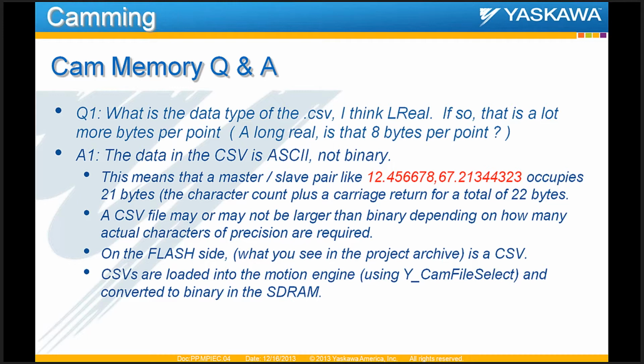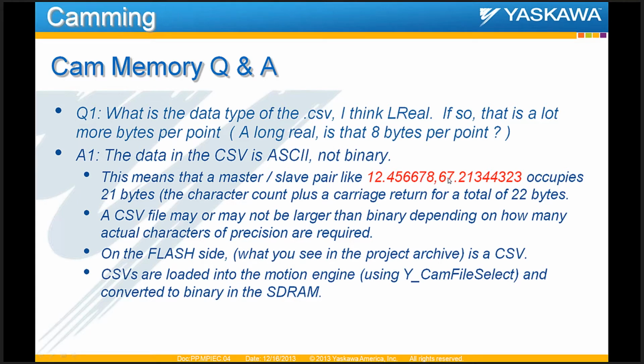But that's actually going to consume more memory than if it were an LReal, because an LReal is 8 bytes for a value, and master and slave would then be a total of 16. A CSV file may or may not be larger than the binary file for that reason. If I had less characters of resolution required from a master and slave, I may actually have less characters than 8 bytes for a master value.